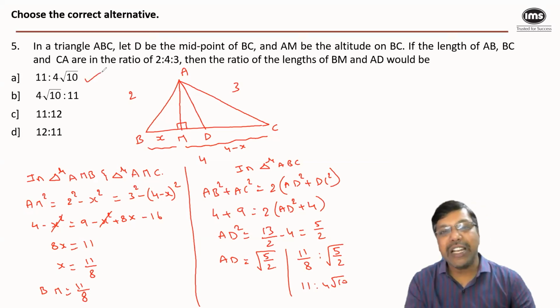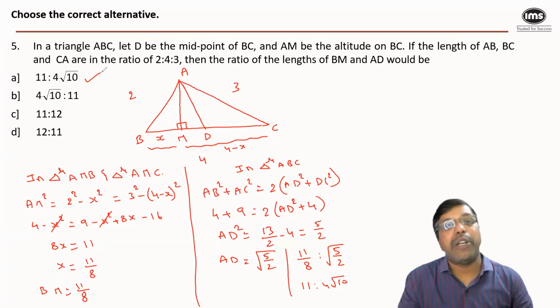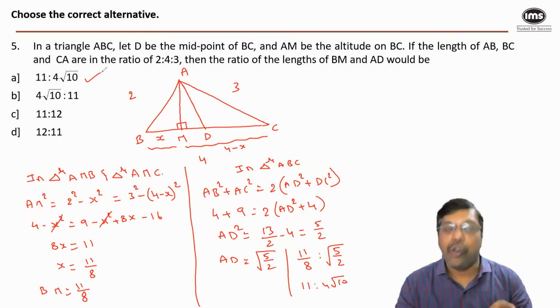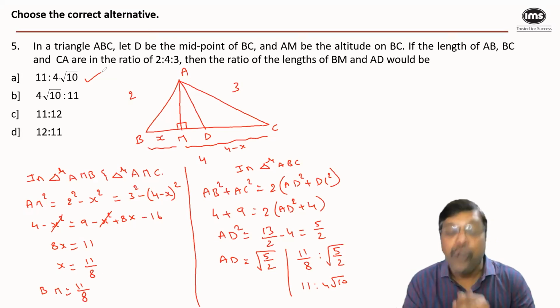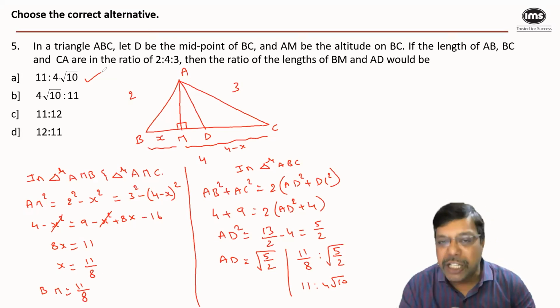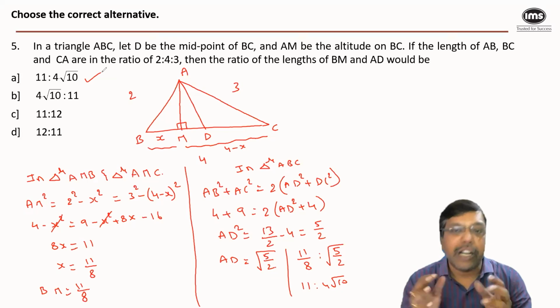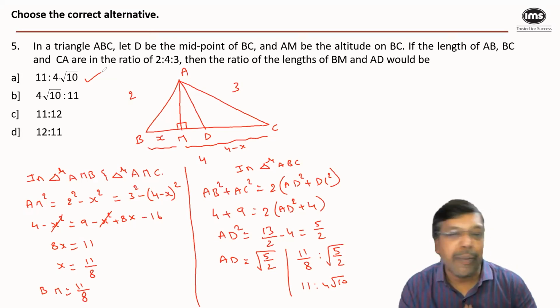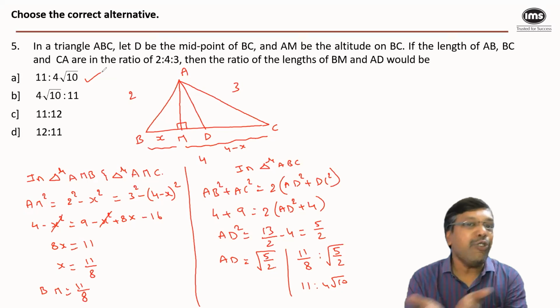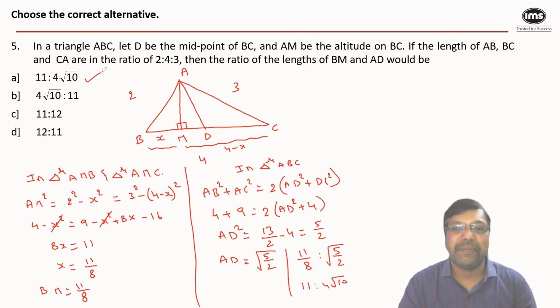Hence, answer option A. Again, this is also a question that might take a bit of time, but if you observe closely, all that you need to know to be able to answer this question is the standard or fundamental concepts of geometry involving altitude and medians.